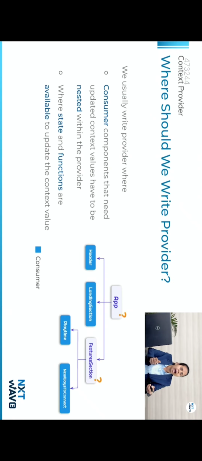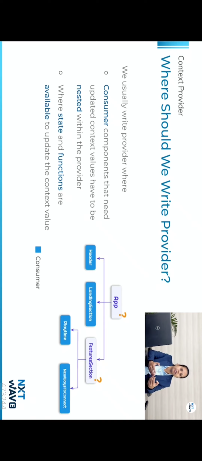As we previously understood, when the provider component updates the context value, all the consumer components nested within the provider will get updated, and the updated value will only be accessible to the nested consumer components. So obviously the provider component should be written at a place where the consumer components are nested within the provider. All the consumer components that need to be updated based on the context value should be nested within the provider. Also, here we are trying to update the context value.